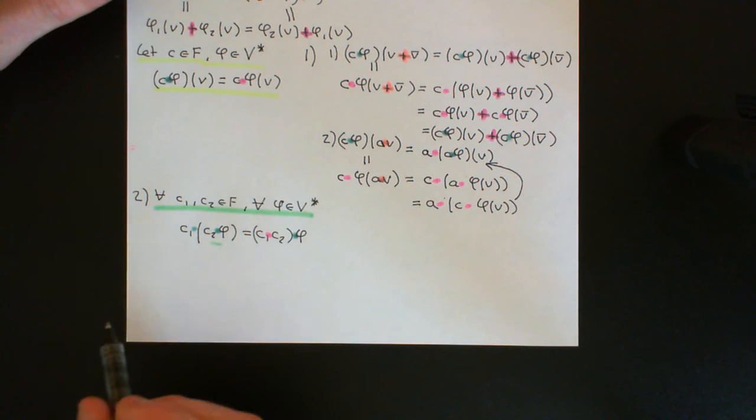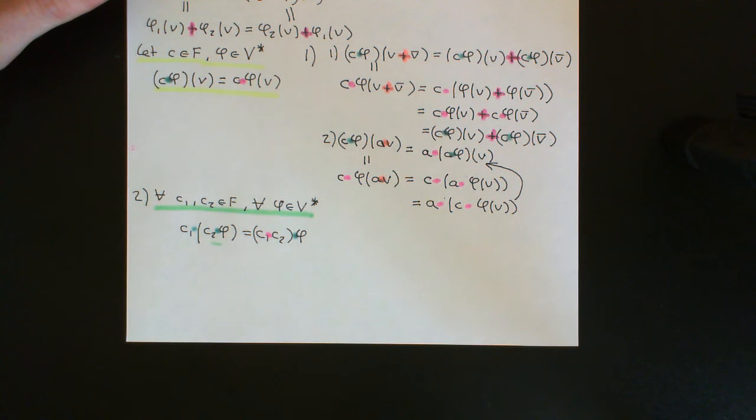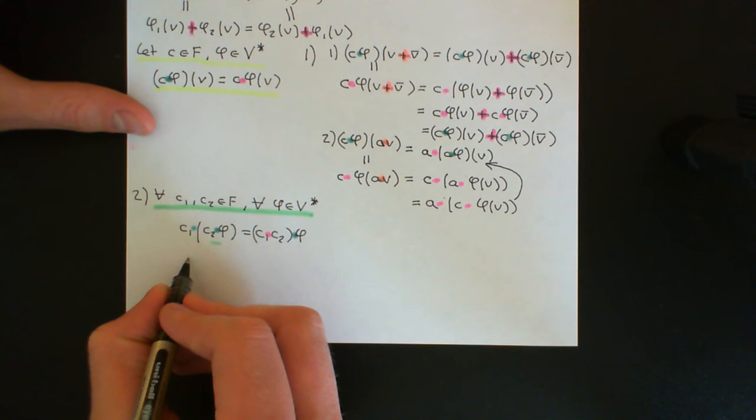Okay, so we need to prove that the two mappings that you would get, which will map the elements of the vector space capital V onto the field, are going to be identical from these two different ways of doing it. Okay, so let's do so.